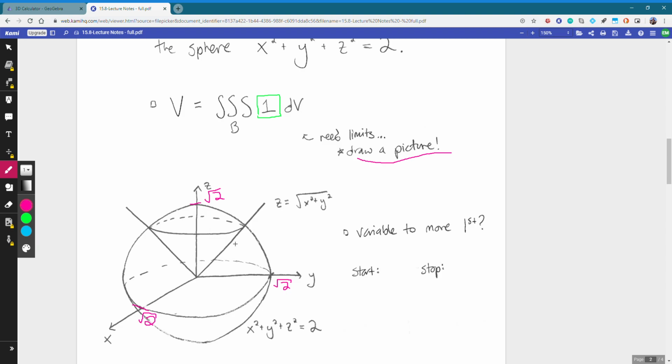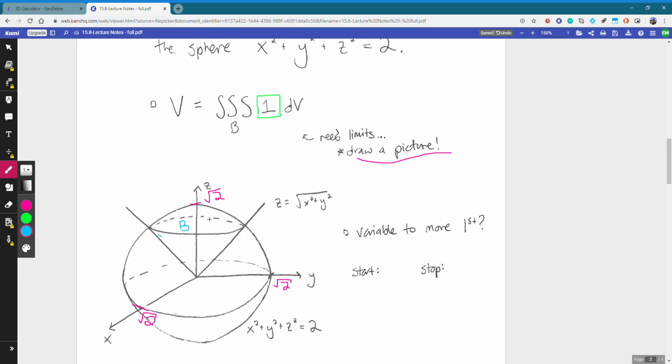And this three-dimensional solid here, that is our B that we are looking at. I don't want to shade it in, it's going to get pretty busy if I do that.